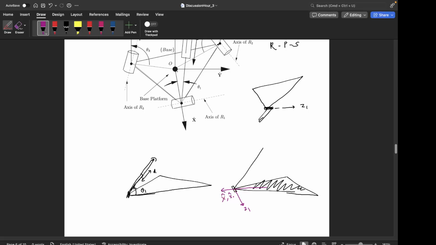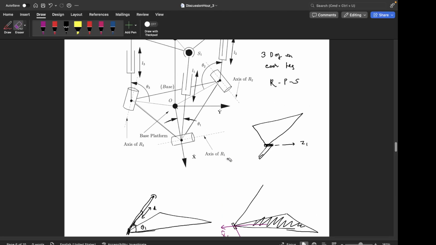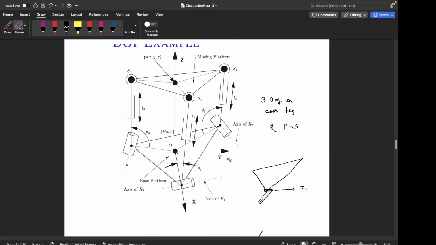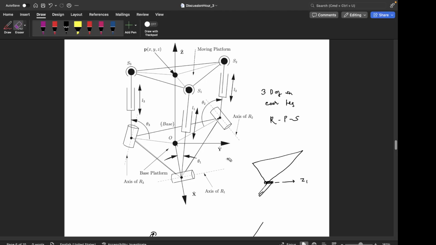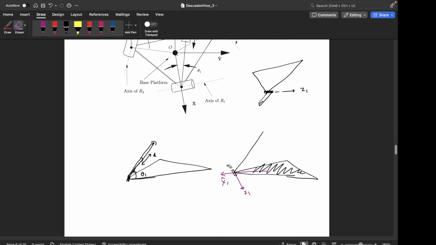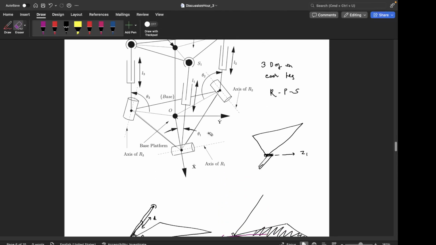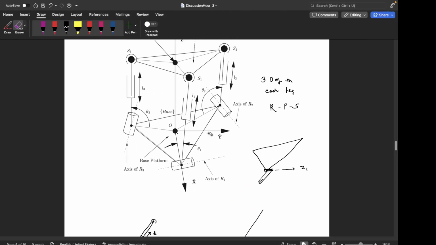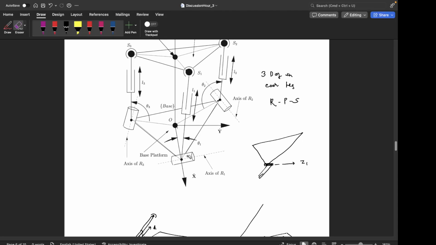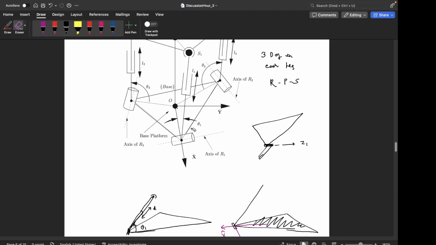No, let me correct myself. Alpha is the twist, the angle between the consecutive z axes about the x, sorry for the confusion. Okay, I'm getting it now.